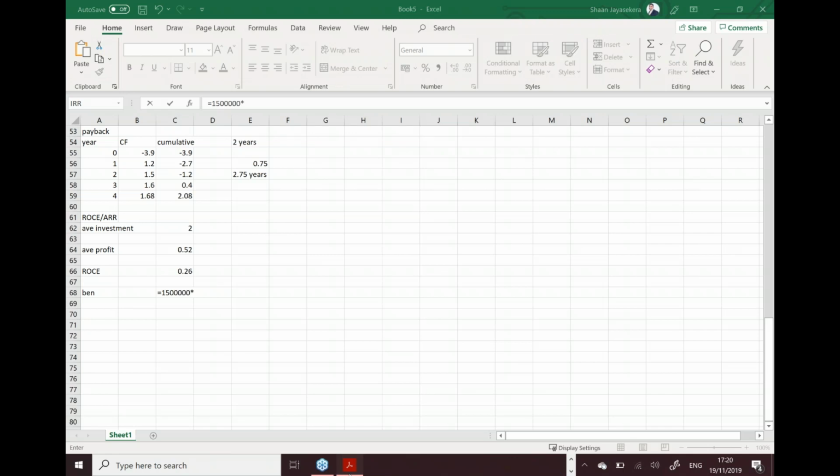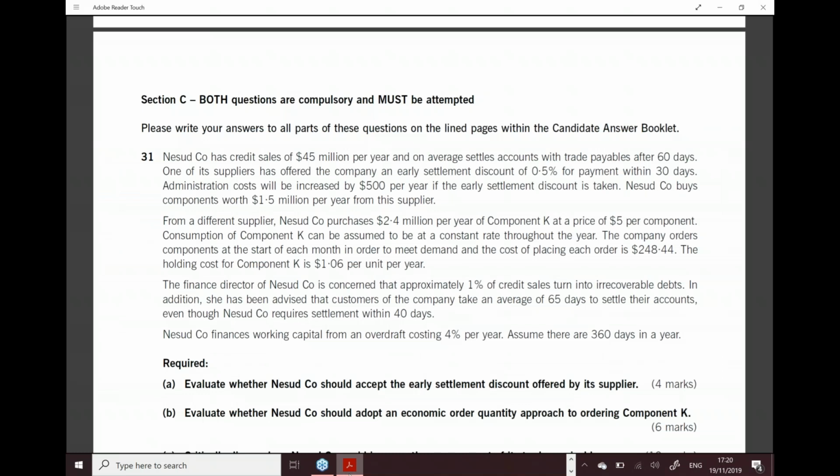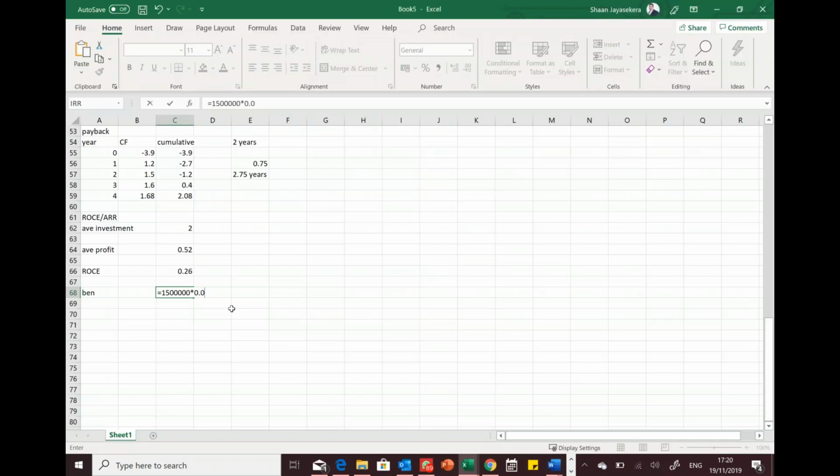I'm getting an early settlement discount of 0.5%. So 0.5% is 0.005. That's the benefit. But the cost, now the cost is this.